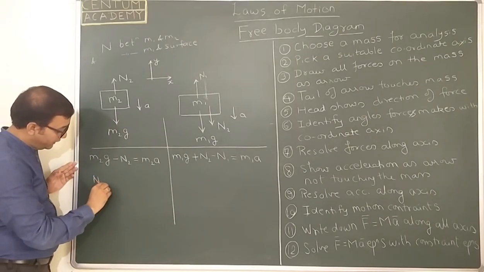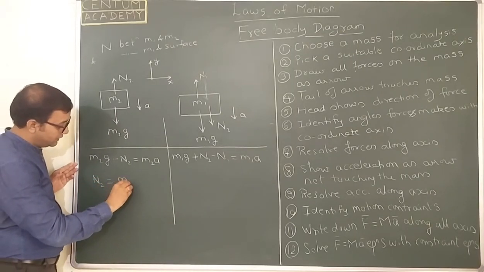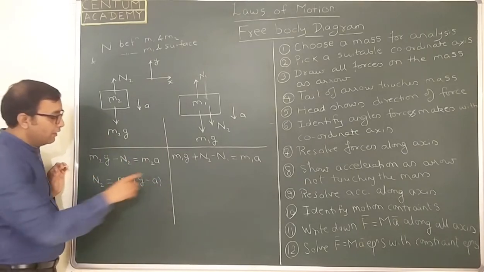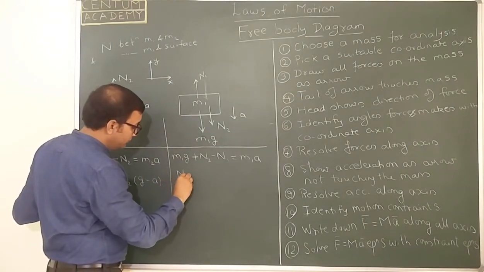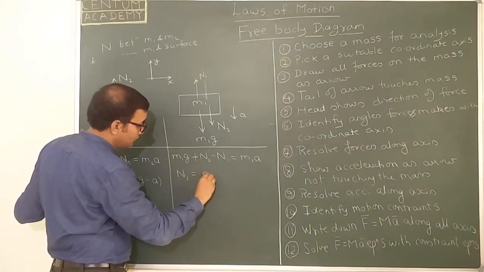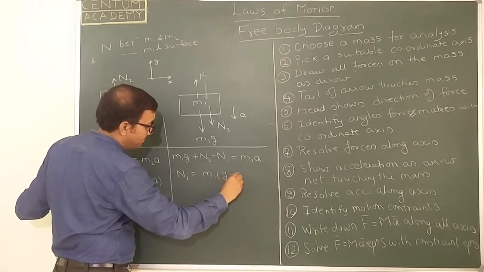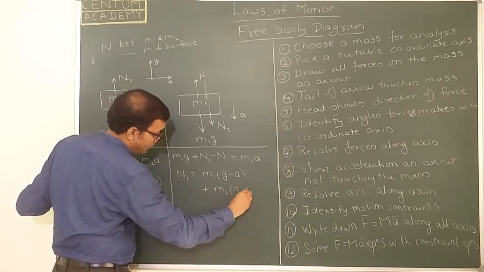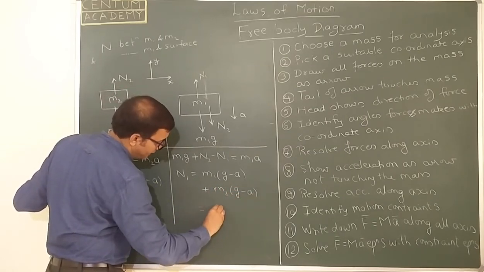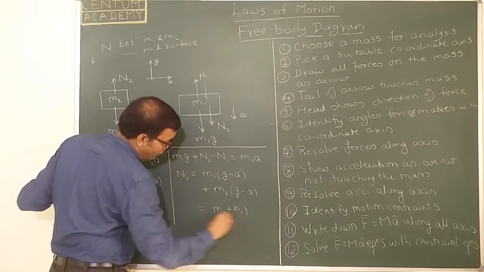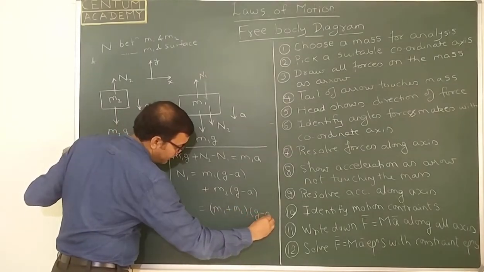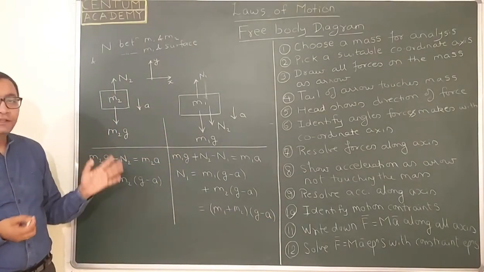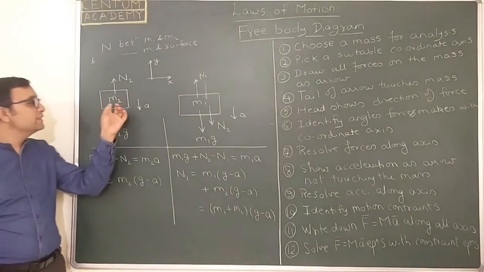The value of n2 you can directly get from here: m2(g minus a). Okay, when you substitute the values here, you get n1 as (m1 plus m2)(g minus a).